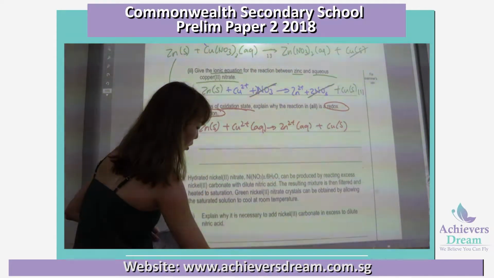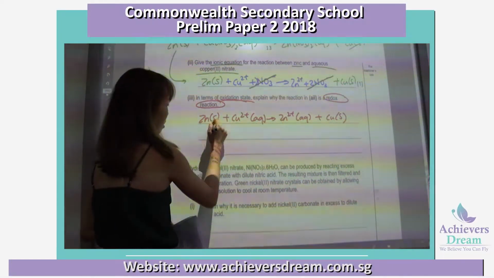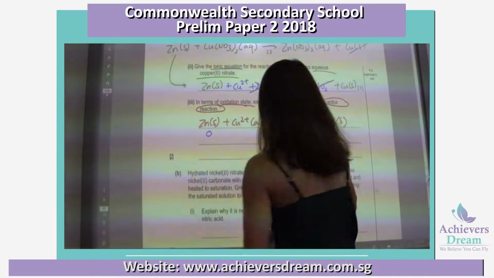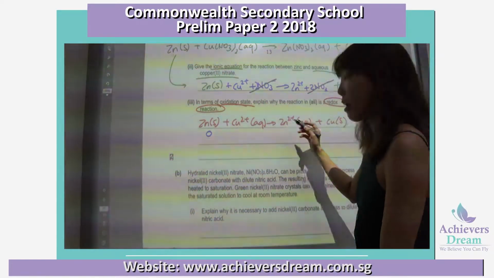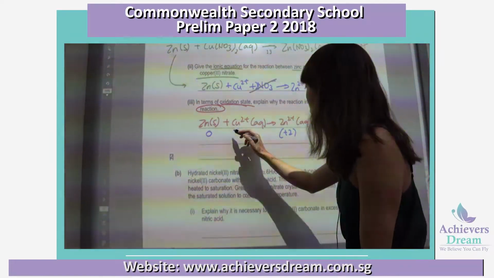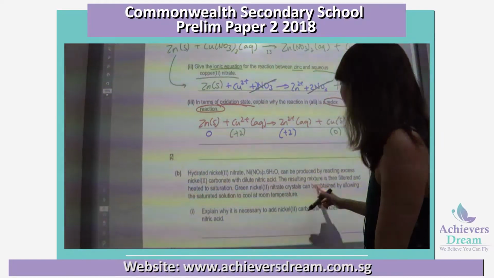Okay, let's write down the oxidation state. For zinc, the oxidation state is 0 because it is in the elemental state, correct? Then the product Zn2+ has the oxidation state of plus 2. Okay, then Cu2+, oxidation state of plus 2 and 0.